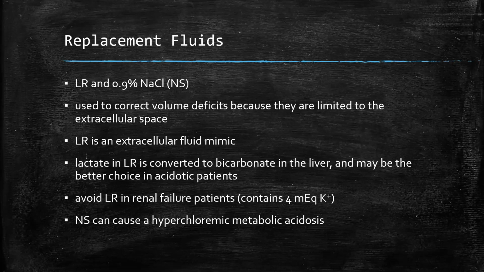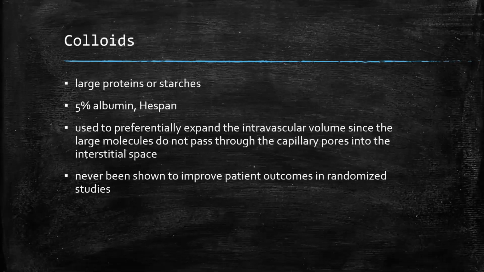And so you might want to avoid LR in a renal failure patient. And lastly, high volume normal saline, like you might see in a burn resuscitation, has been associated with hyperchloremic metabolic acidosis. So I guess with that as a little background, you could make a choice between one or the other. But near as I can tell, they're really the same, and they're used for the same purpose.